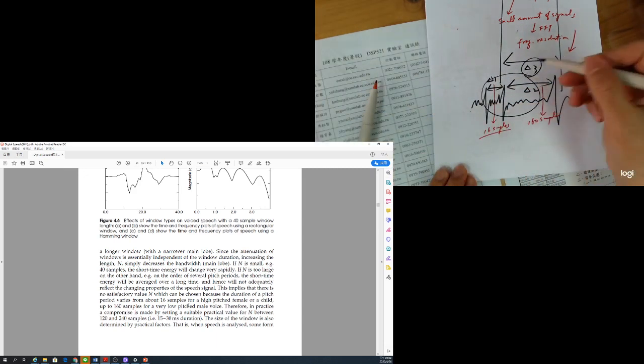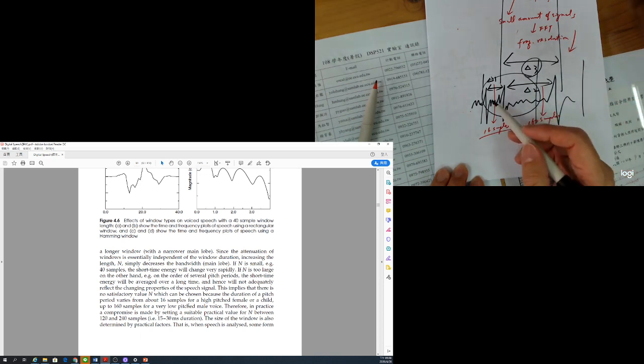So if we build a model, we hope to cover the pitch information, because we partition the signal by windowing. After we apply a Hamming window, we hope to capture the information inside this window, the speech frame.